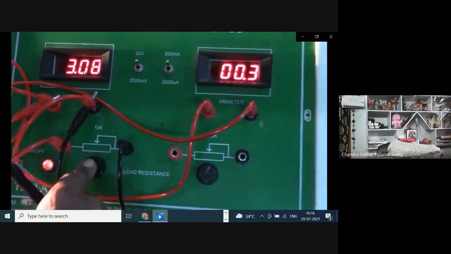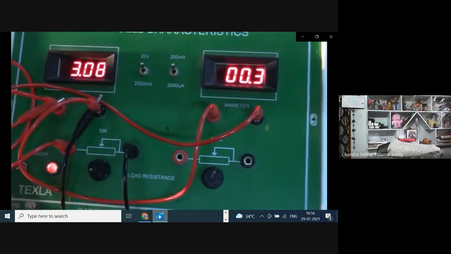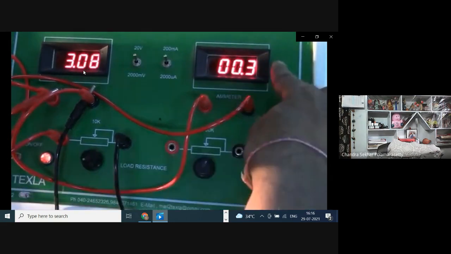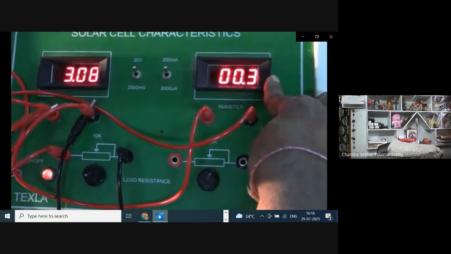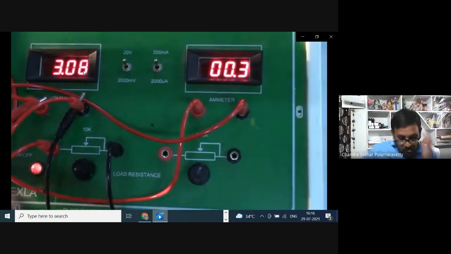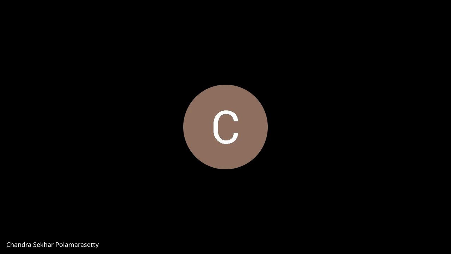Students, you can observe the fact: even though there is a variation in the voltage of the solar cell, it gives a constant current output. This fact you have to understand, but not forever.